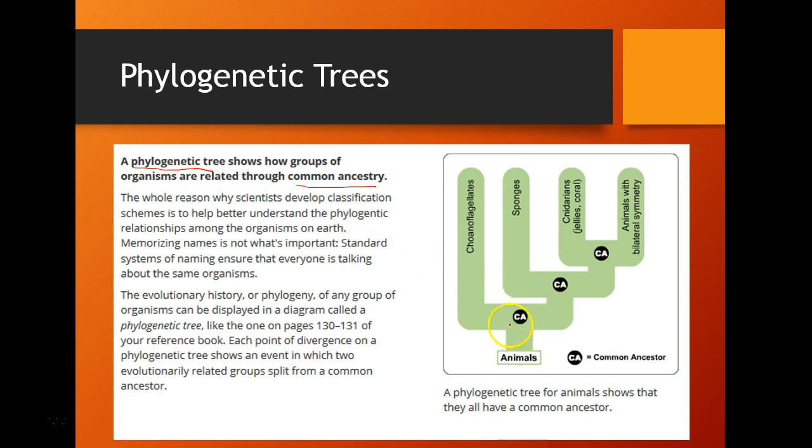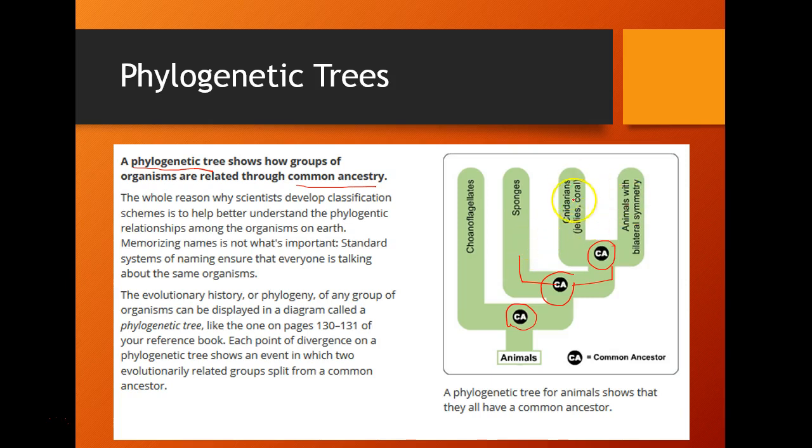And so we see everywhere that it says CA, that's a common ancestor, and when it branches off from that CA, like right here, then that means that the organisms have diverged from one another from their common ancestor. So they are moving in a different direction and becoming a more distinct species.